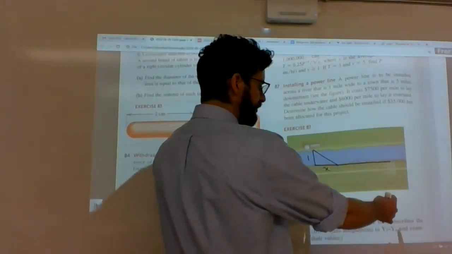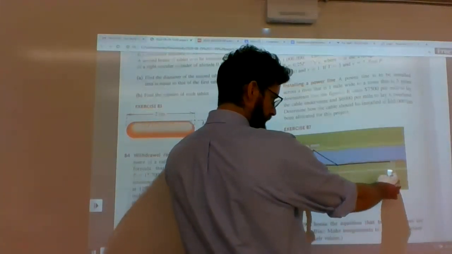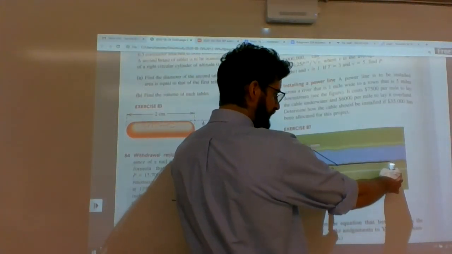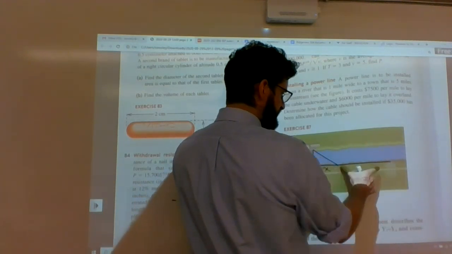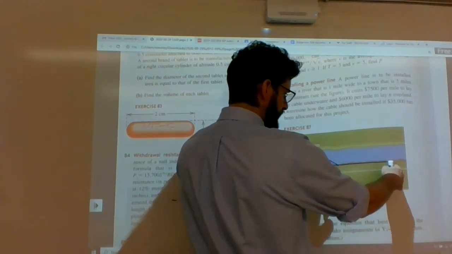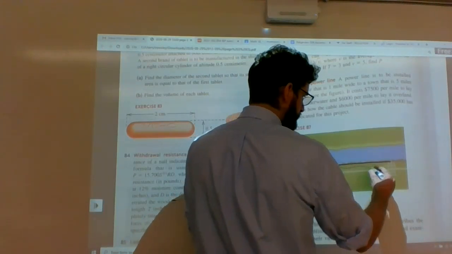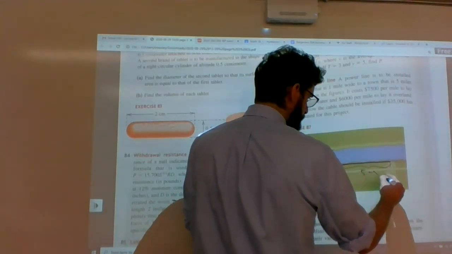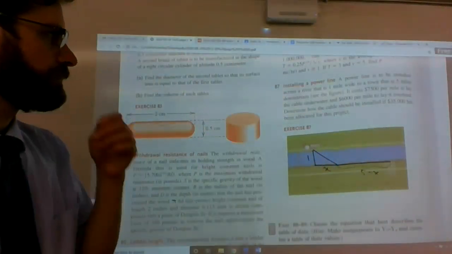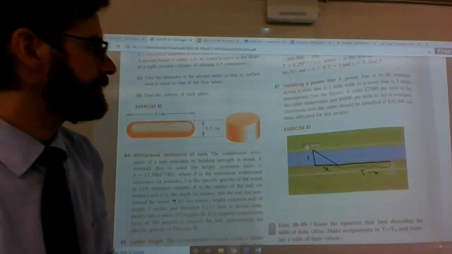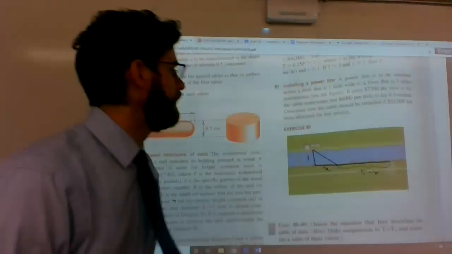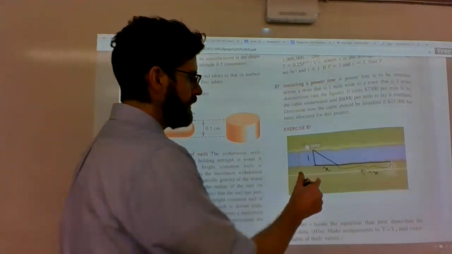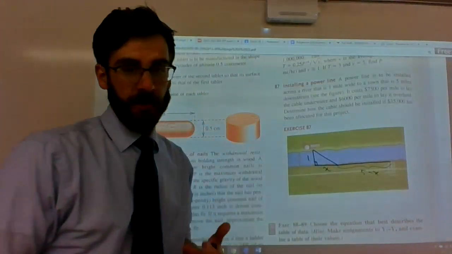And we know this whole thing is 5. So I'm just going to call this distance right here 5 minus x. We're assuming that there's a 90-degree angle here, which is helpful.